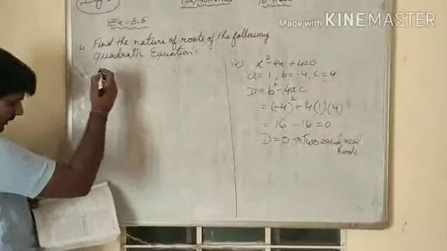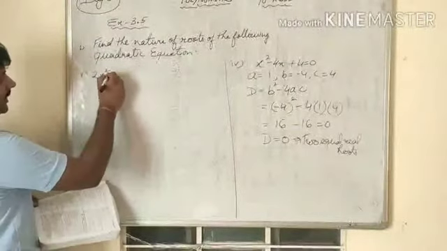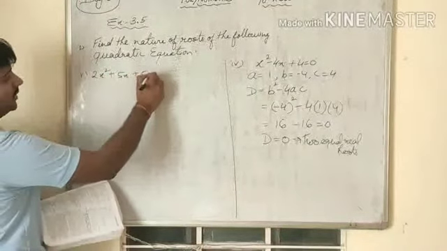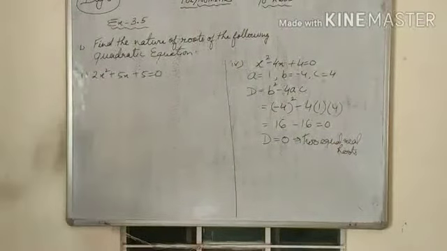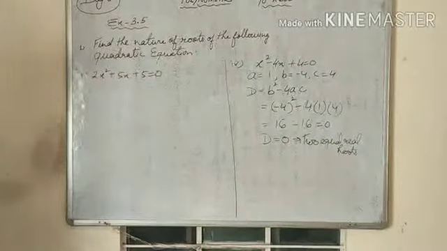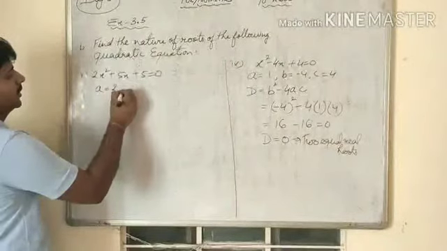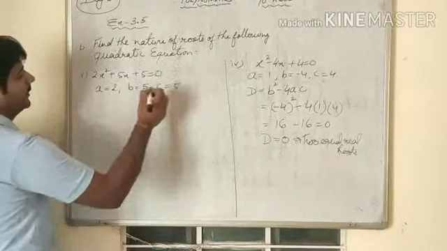Fifth part is 2x square plus 5x plus 5 equals 0. In this, a is 2, b is 5, and c is also 5.